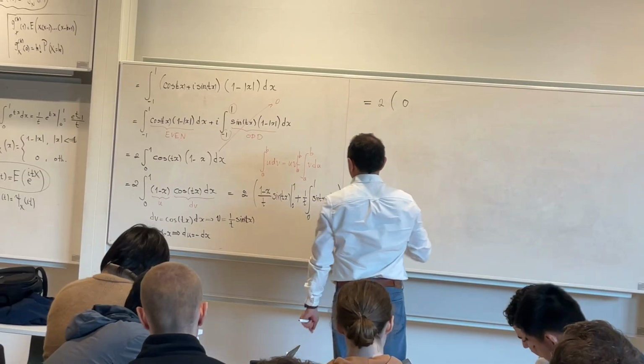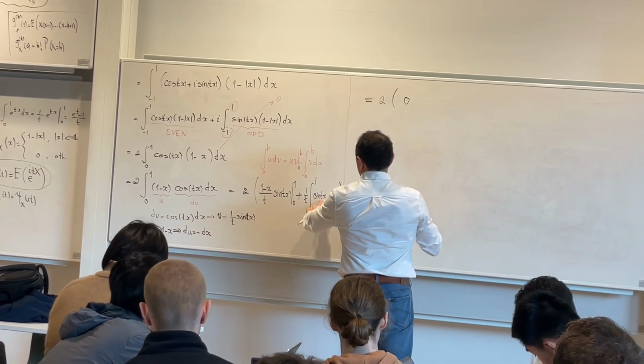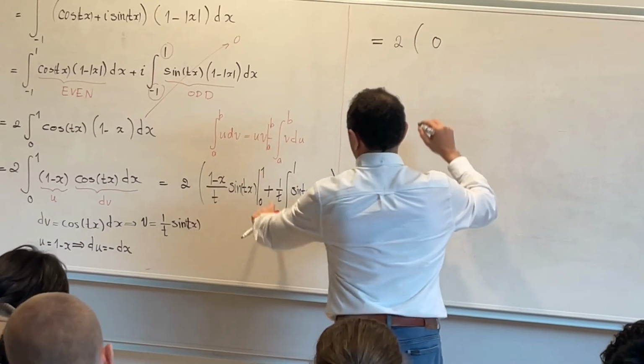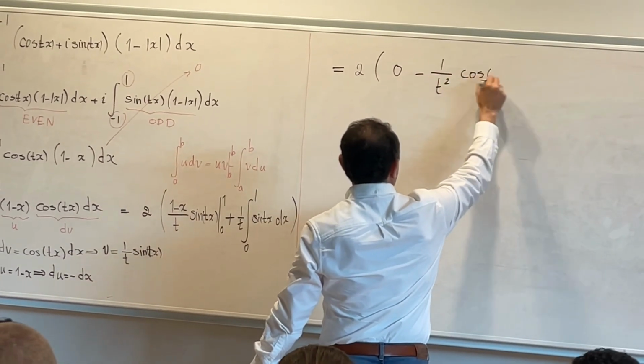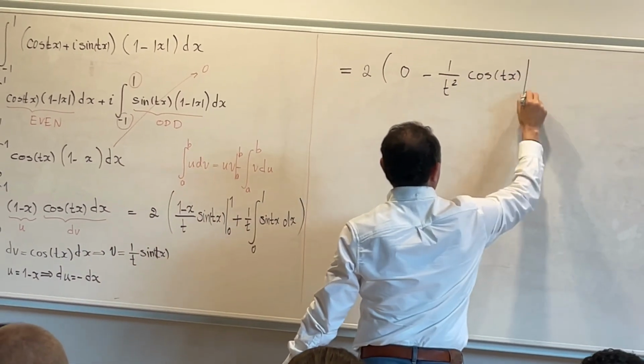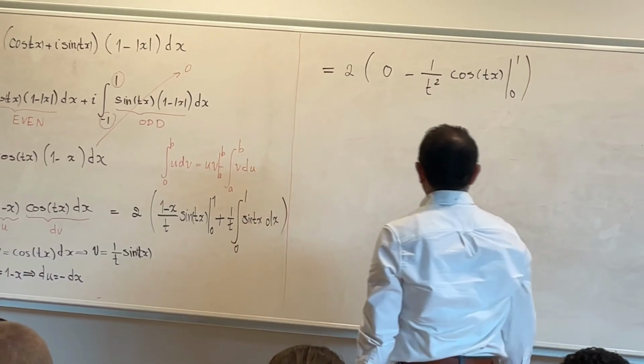But this one, what should I do? The primitive function for this is minus 1 over t, and there is another t here, so it's 1 over t squared, and then I have cosine tx, again run from 0 to 1.